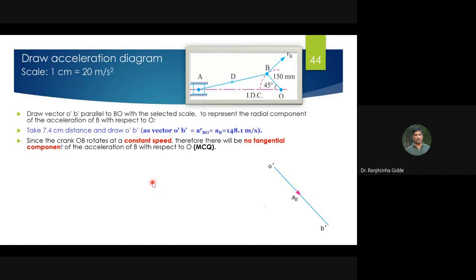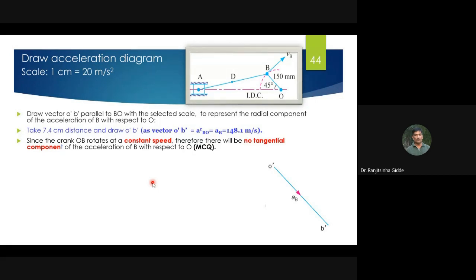You can write next line. Since crank OB rotates at constant speed, therefore there will be no tangential component.